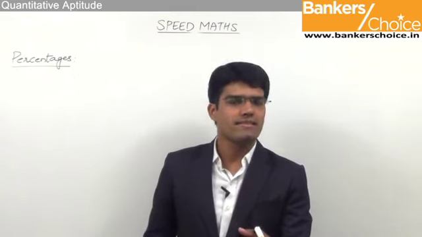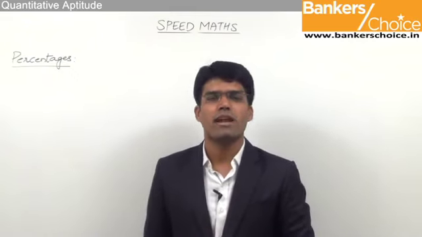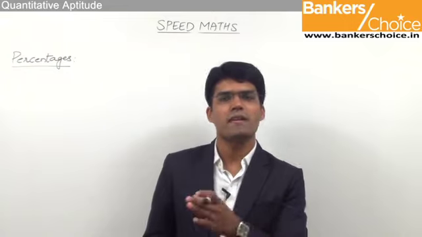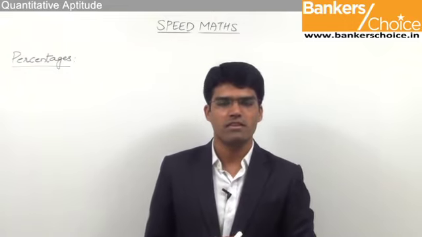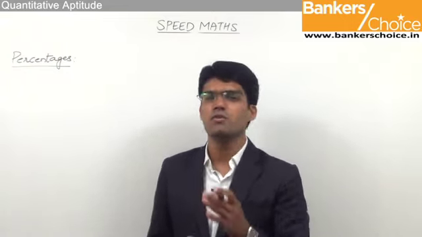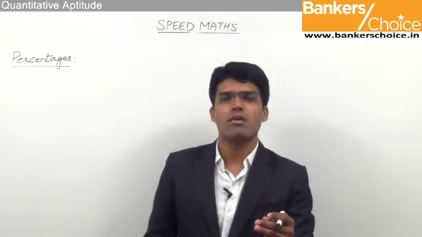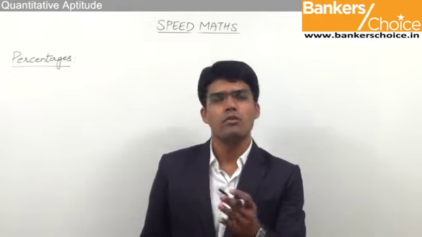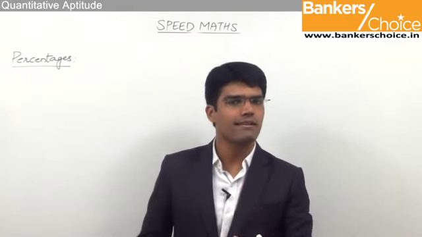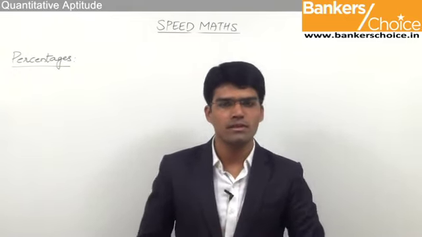Likewise, 1% is nothing but 1 by 100 of the value. So 1% of 500 will be equal to 5. Why? Because that is 1 by 100 into 500. So 500 by 100 is 5. 1% of 3,200 would be 32. That is again 1 by 100 into 3,200, which comes out to be 32.